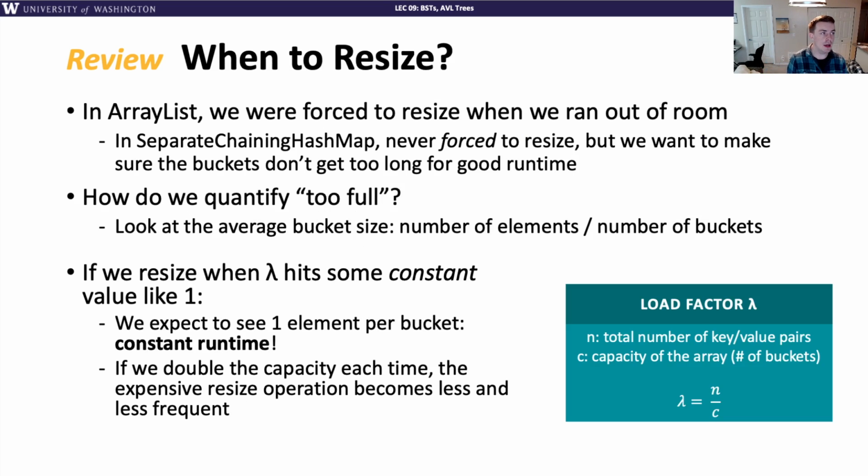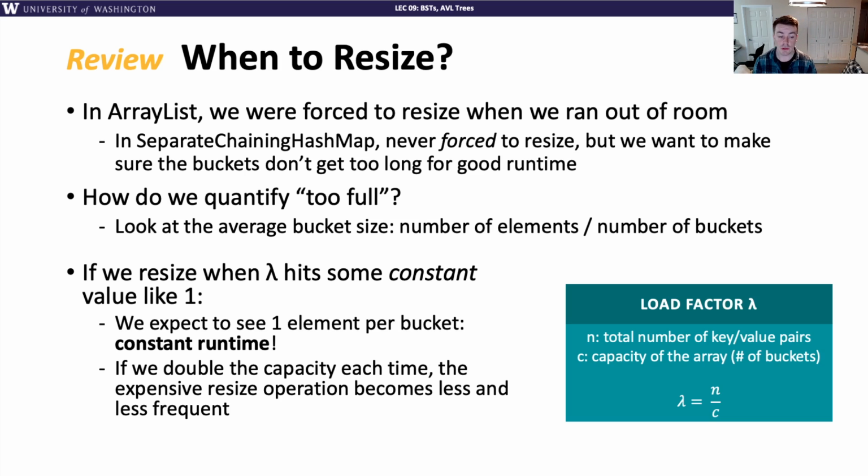So we said, as long as you don't resize often, how do you know when you should resize? As a reminder, we talked about how you want to resize when your load factor starts getting too large. The load factor is the number of elements in the hash map divided by the number of buckets available, so the size of the hash map divided by the length of its array.